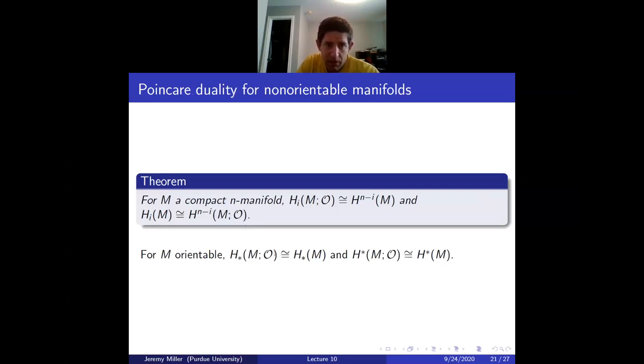And when M is orientable, O is a trivial bundle. So then homology with twisted coefficients becomes regular homology, and cohomology with twisted coefficients becomes regular cohomology. So these two statements become the same statement, that the i-th homology of M is isomorphic to the (n minus i)-th cohomology.